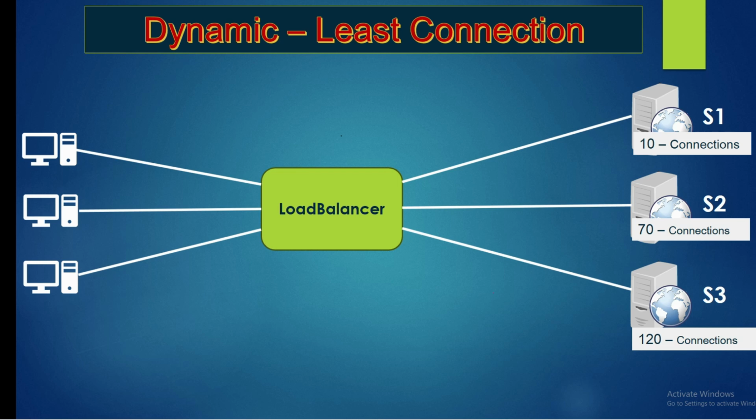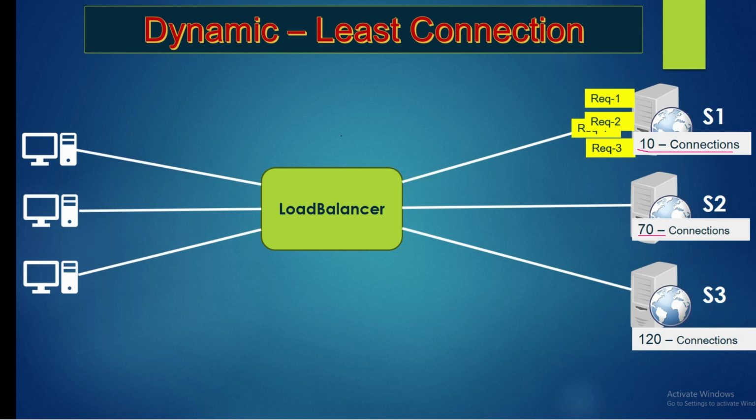Now friends, you can see least connection, which is dynamic. Suppose this server has 10 active connections, this server has 70 active connections, and this server has 120 active connections. Traffic will hit the least connection server only. First priority goes to the least connection server. So you can see requests 1, 2 and 3 all hit server 1 because it has the least connections, only 10, while this server has 70.